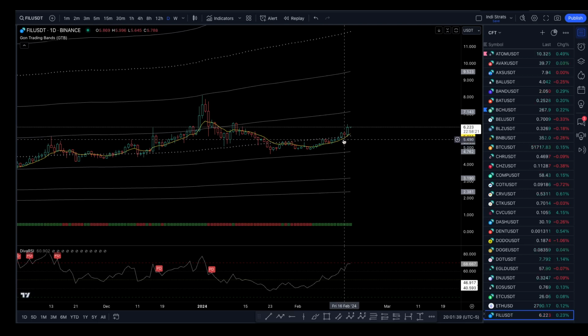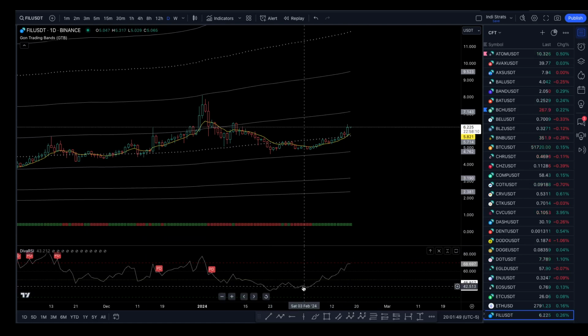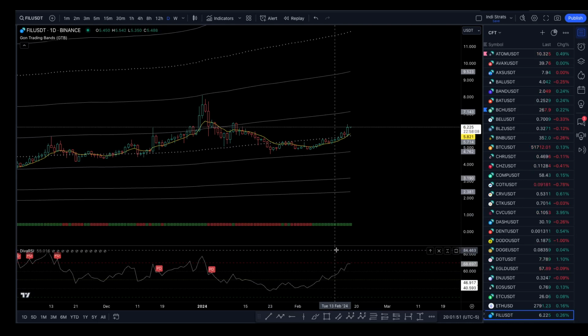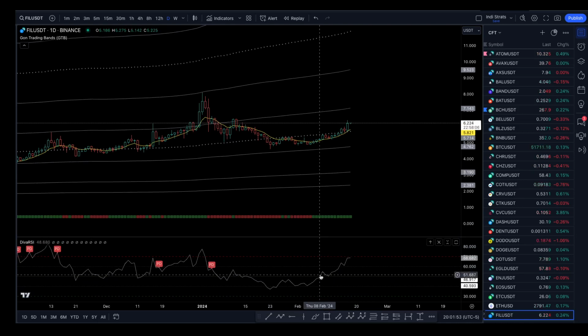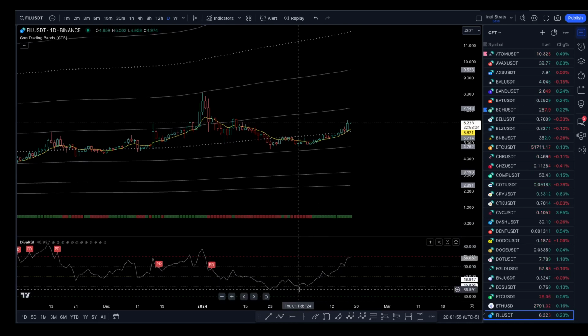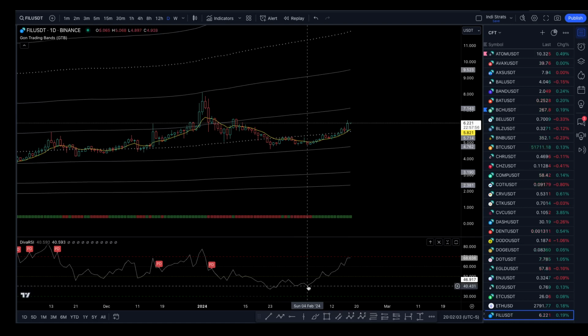Those are the two main components I use for my strategy, and the DivaRSI is for confluence. Confluence does mean if it fits the bill, it's nice, it's a higher probability entry, but it doesn't have to fit perfectly.